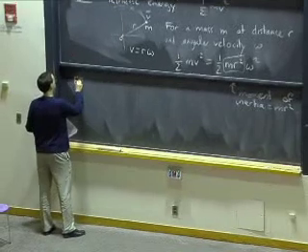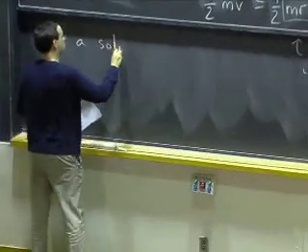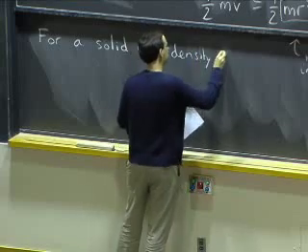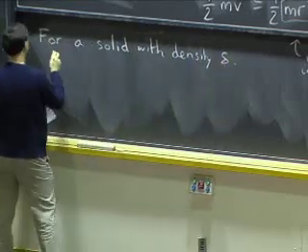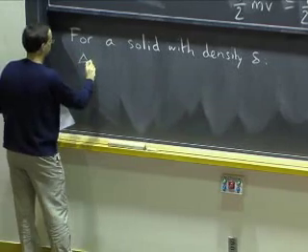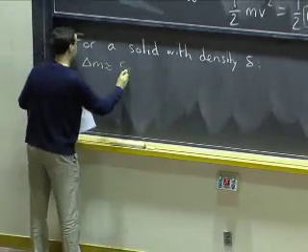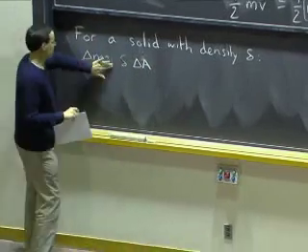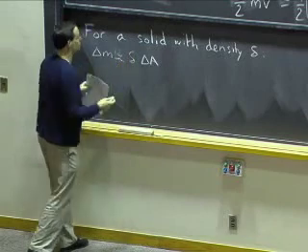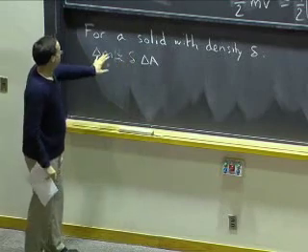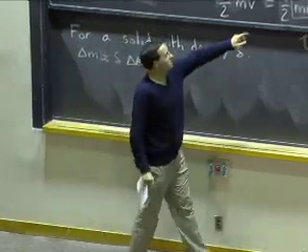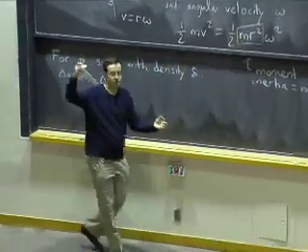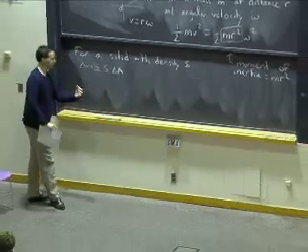For a solid with density delta, each little piece has mass equal to the density times the amount of area, delta m equals delta times delta A. And the moment of inertia of that small portion of the solid will be delta m, the small mass, times r squared, the square of the distance to the axis around which I'm spinning.